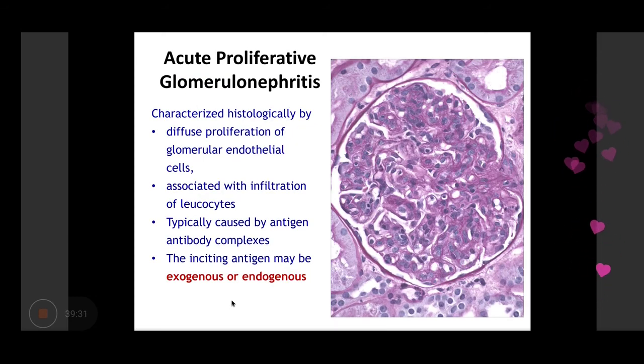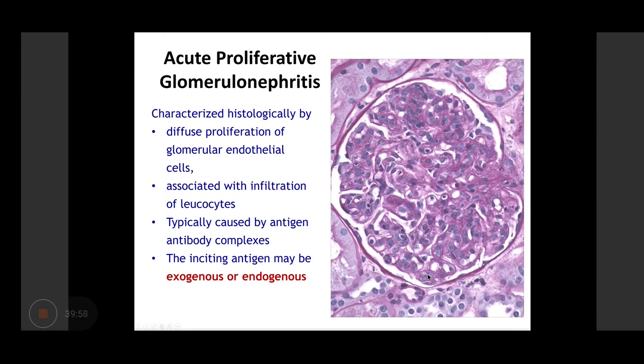So now we come on to the light microscopic picture of acute proliferative glomerulonephritis. On light microscopy, this is characterized by a diffuse proliferation of glomerular endothelial cells. Now, whenever there is proliferation of glomerular endothelial cells, as you can see in this area, the capillary lumina cannot be identified. This is at the 12 o'clock position of the glomerulus.